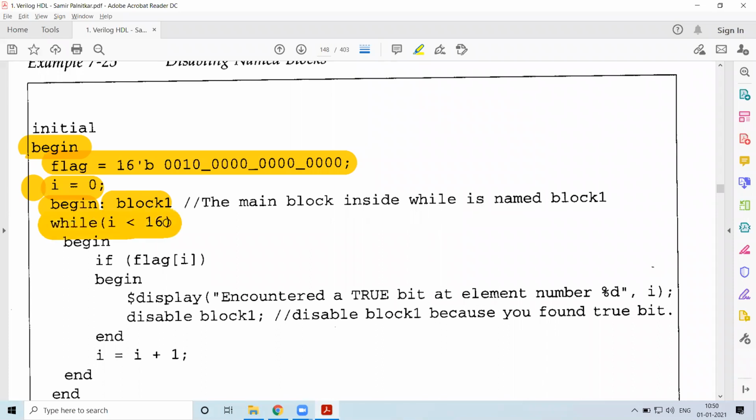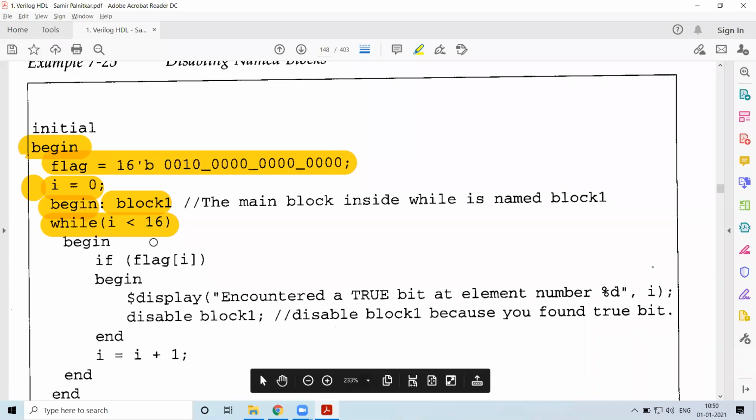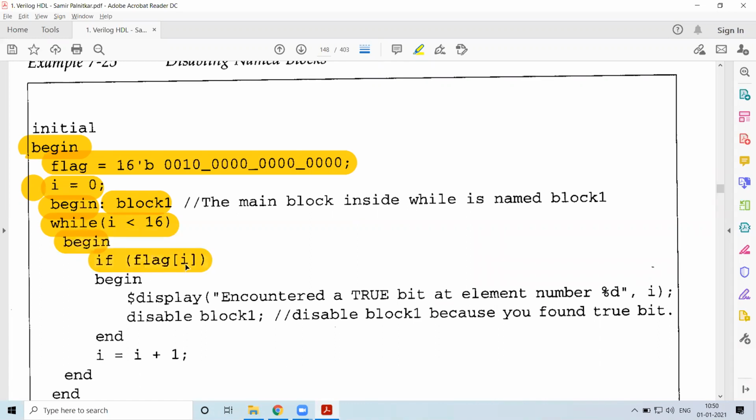So here you have what? While I less than 16. So you go from 0 to 15, and when it becomes 16, you come out of this loop. So that is the conditional statement. Begin, if flag is set. So if flag of I is set, then you have seen that the bit is 1.